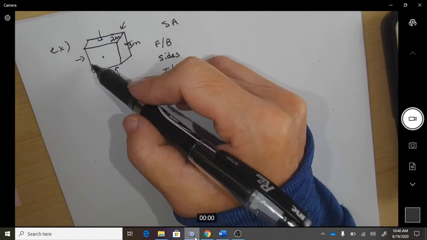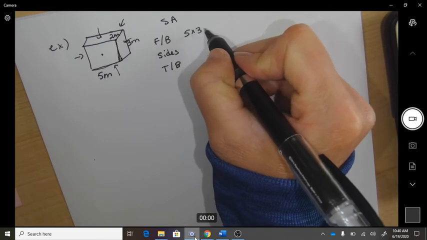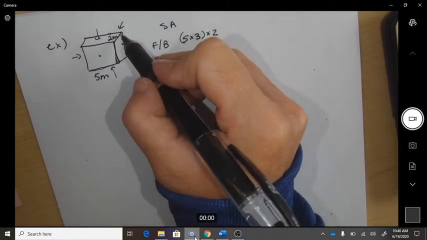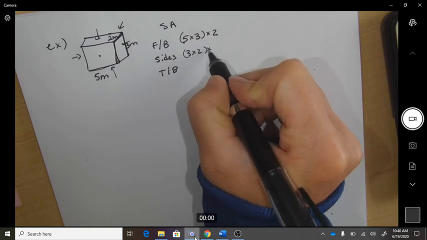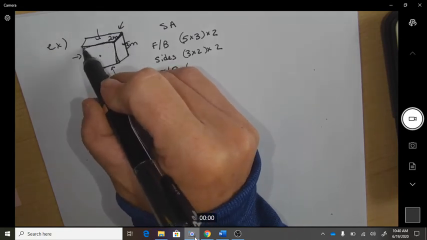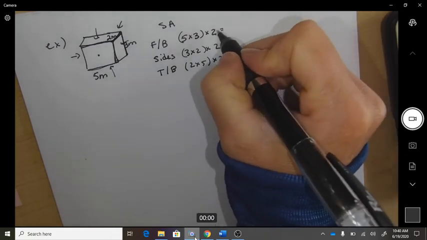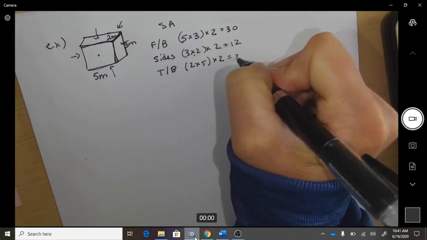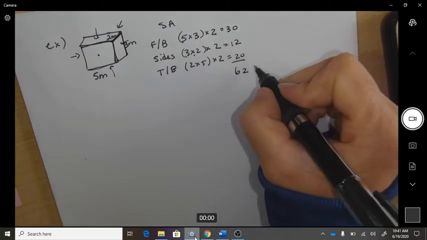The front and back would be 5 by 3, and we would have 2 of those. The sides are 3 by 2, and I have 2 of those. The tops are 2 by 5, and I have 2 of those. So 15, so 30, 6 doubled is 12, 10 doubled is 20, which makes 62 meters squared.